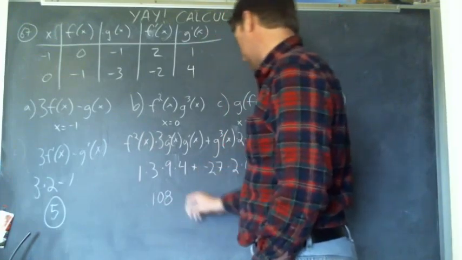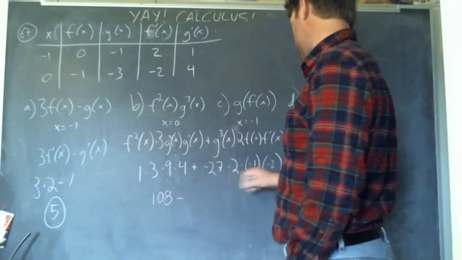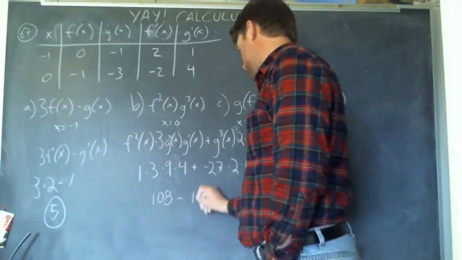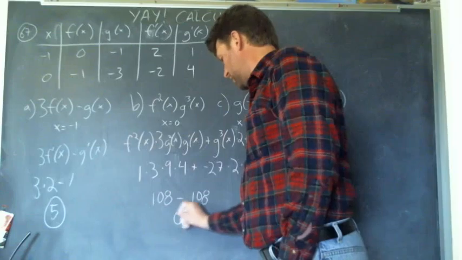Minus, minus, minus makes a minus. 27 times 4 is 108. The answer is 0.